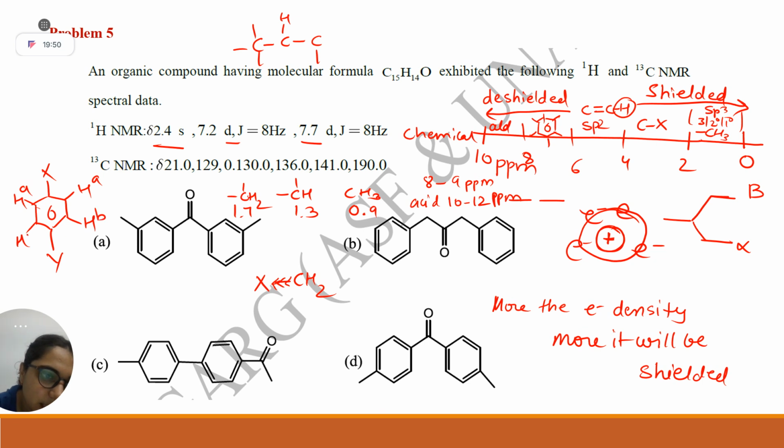And these protons are similar. This will give a doublet, because the next carbon attached to this is having one hydrogen. So n plus 1. So this carbon will have a doublet, and this carbon will also have a doublet. So two doublets are given. Yes or no? 8 hertz means they are benzene ring protons.